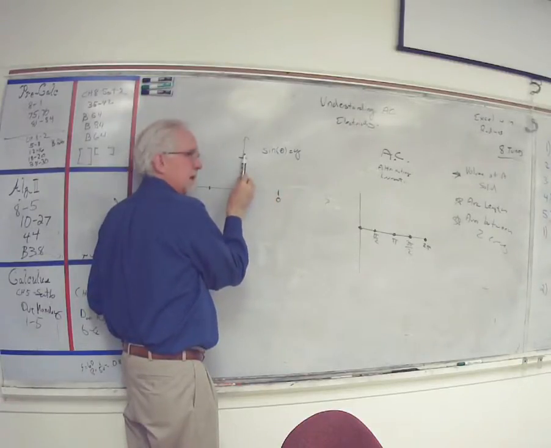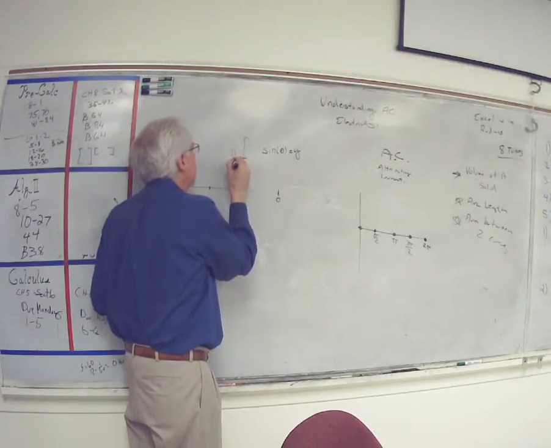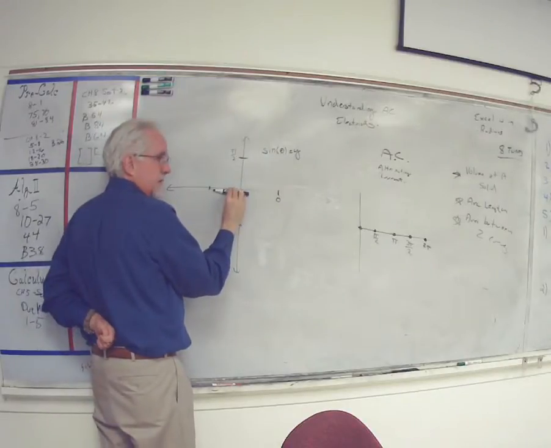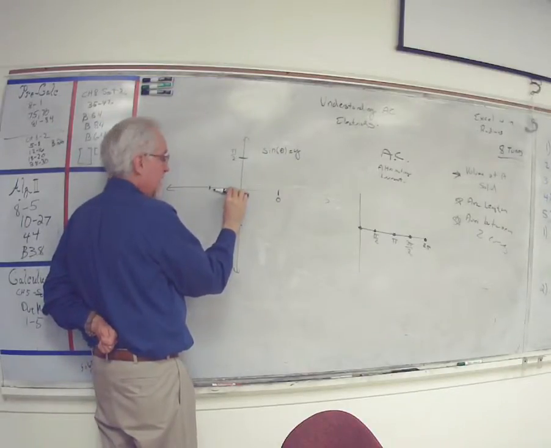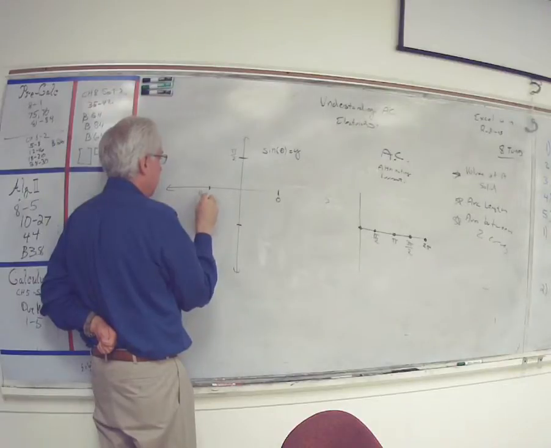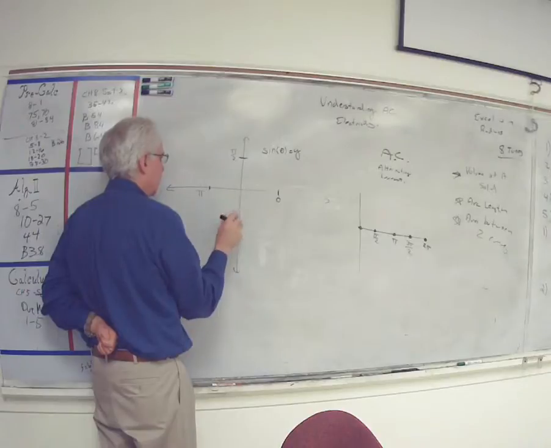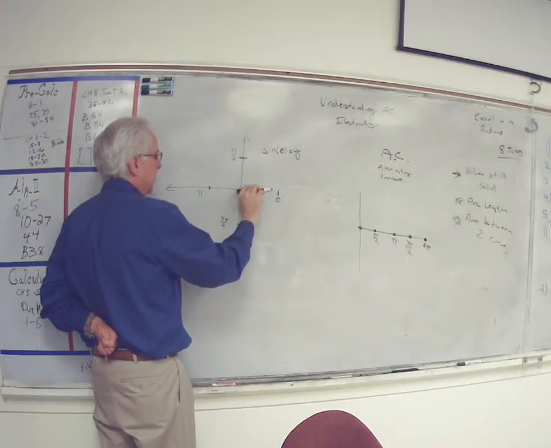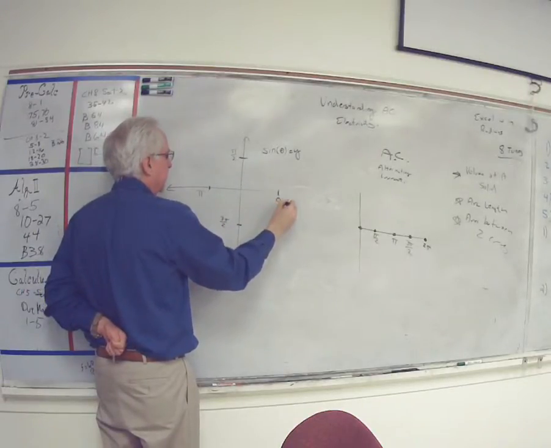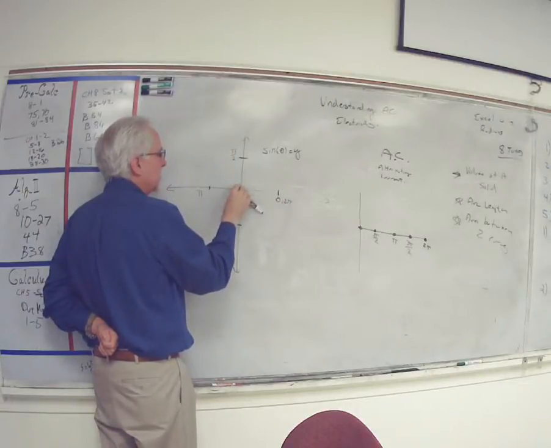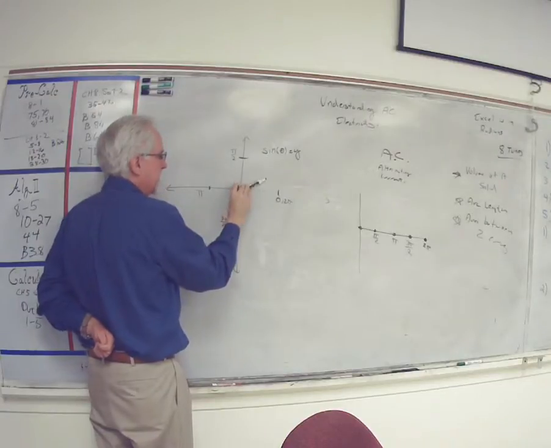What is the angle here? 90, which is what in radians? Not pi, pi over 2. And then pi, which is 2 pi over 2. And this is 3 pi over 2. And then this is 2 pi. Once I get to 2 pi, what does sine do? It repeats, everyone.